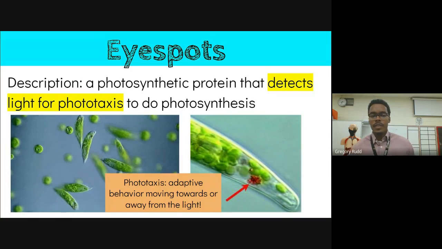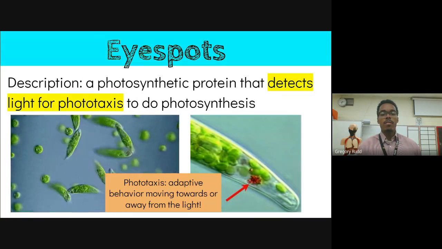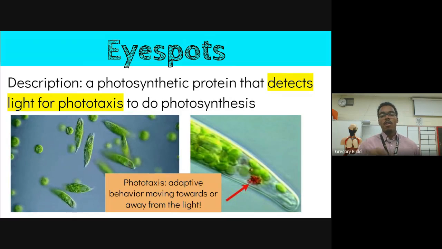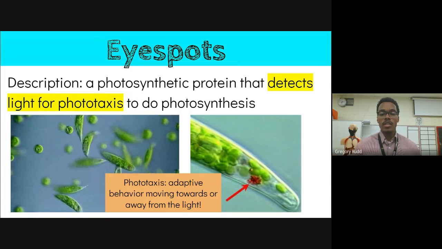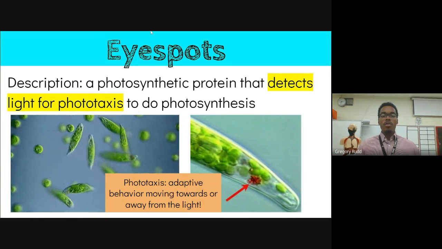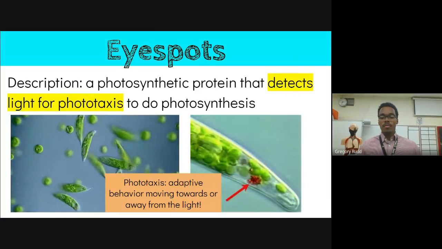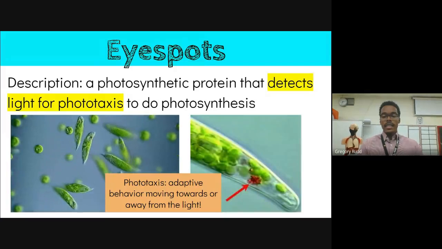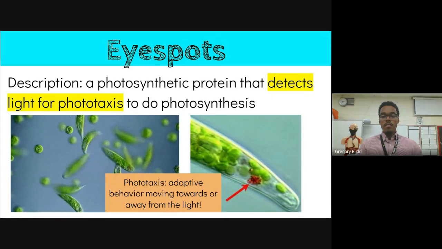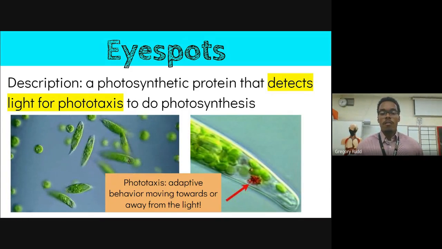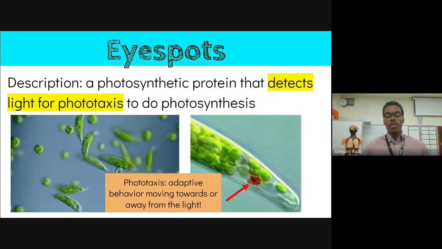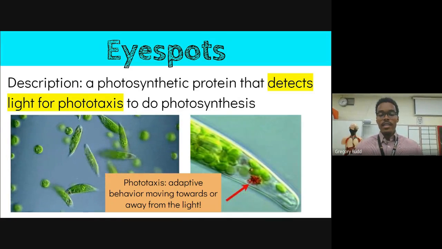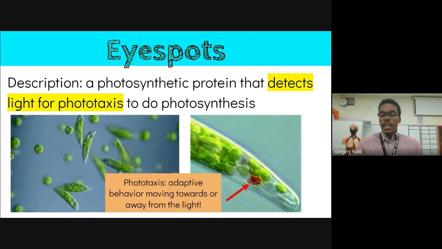Okay, so this word phototaxis, if we break it down, we see photo in phototaxis and in photosynthesis. So that prefix photo, P-H-O-T-O, means light. So phototaxis, I need to now know what that suffix taxis means. Well, we could think of it like a taxi.